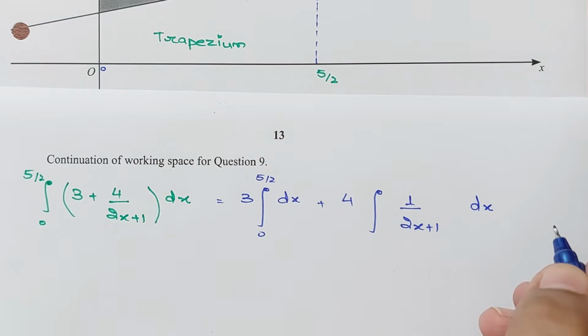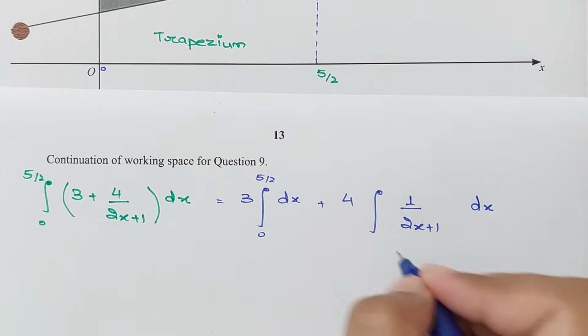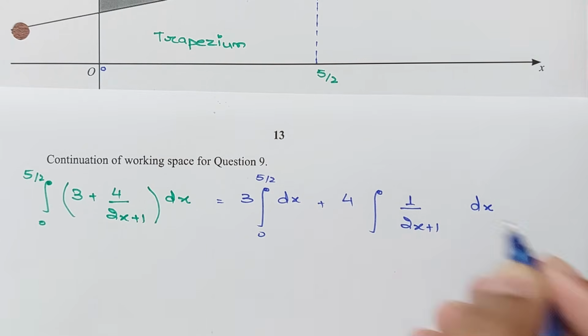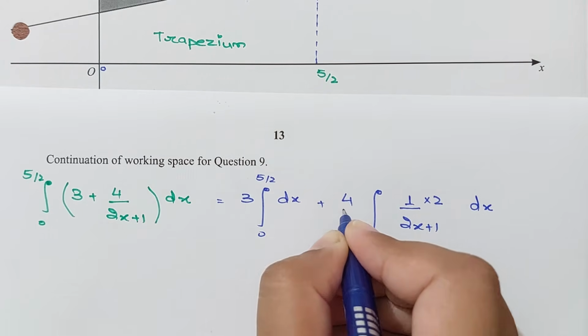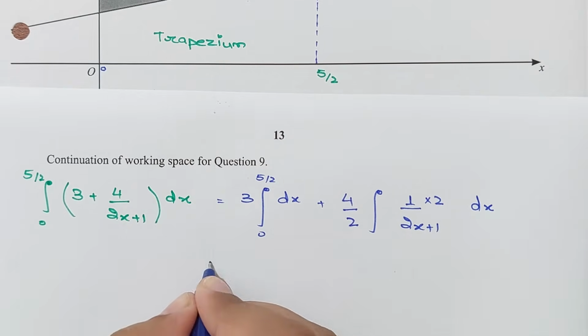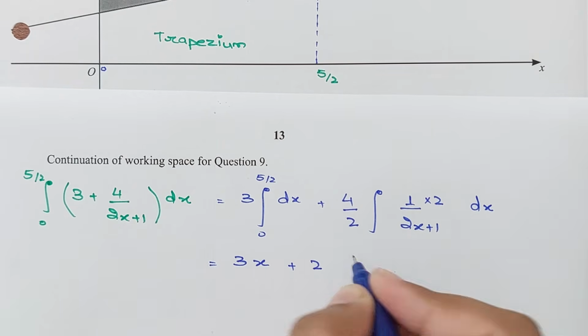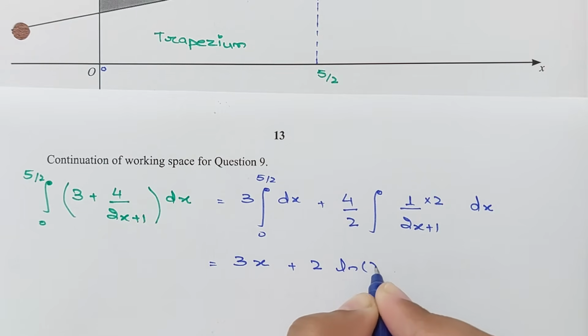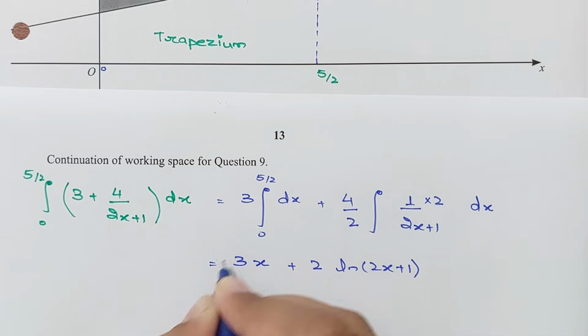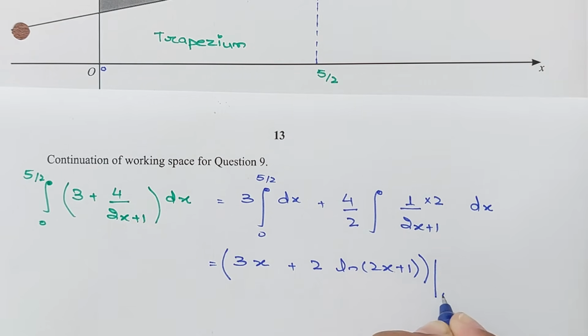And we know that the integration of 1 over x is ln of x. Here the derivative of the inside is 2, so we multiply by 2 and divide by 2, right? So we have 3, the integration is x here, plus 2, the integration is ln of (2x plus 1), and the limits we have to substitute from 0 to 5/2, right?